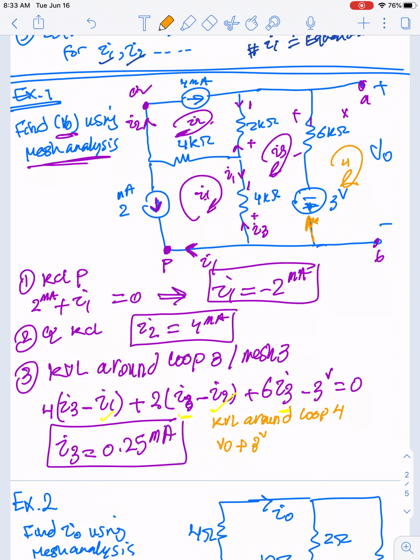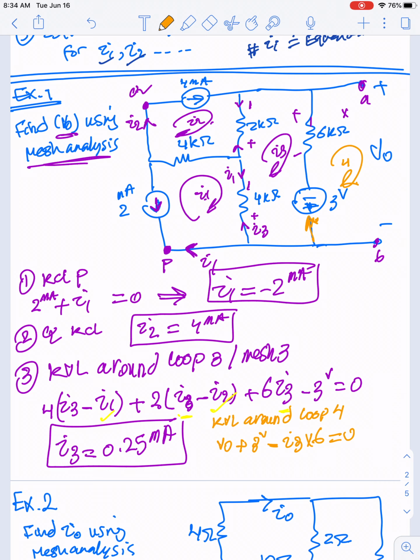And here we are assuming that I3 is going downward, so it means the current of this loop is going in from a negative terminal, so it will be minus I3 multiplied by 6, which is equal to 0.